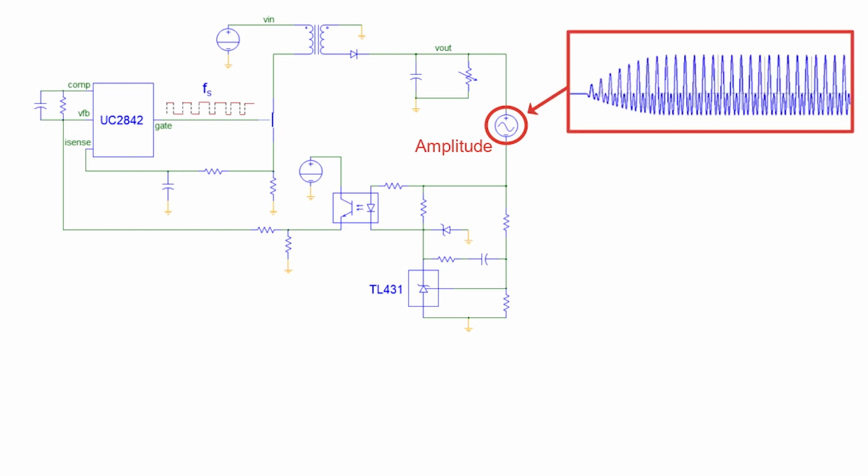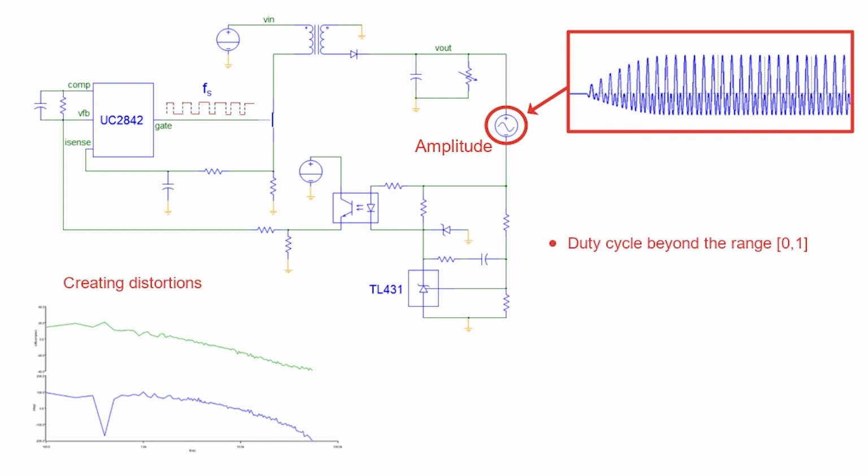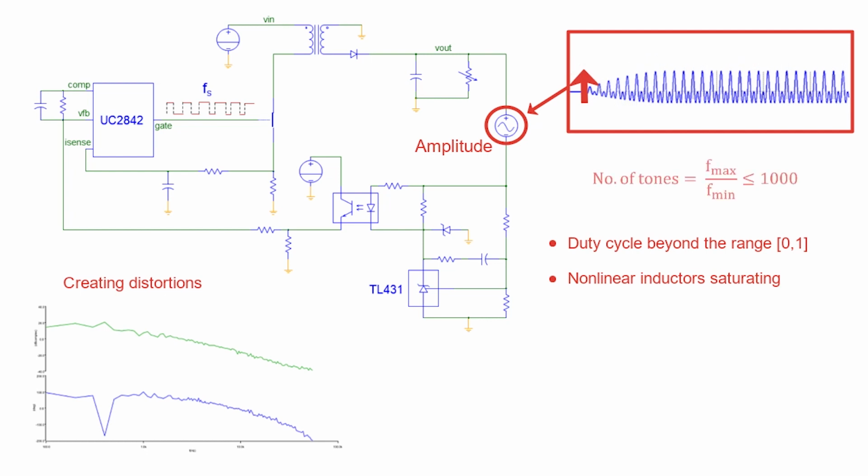Because all tones are injected concurrently, there is a higher risk of disturbing the large signal operation of the circuit and creating distortion, possibly from duty cycles going outside the range 0-1 or components like nonlinear inductors saturating. To avoid this, the amplitude of the perturbation should be chosen judiciously small and the number of tones as small as possible.